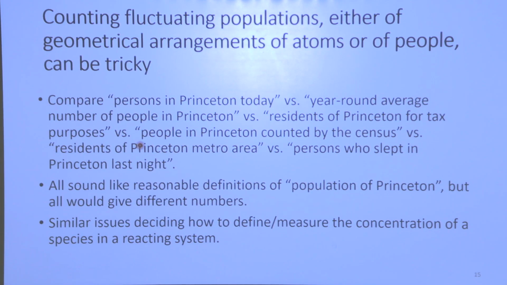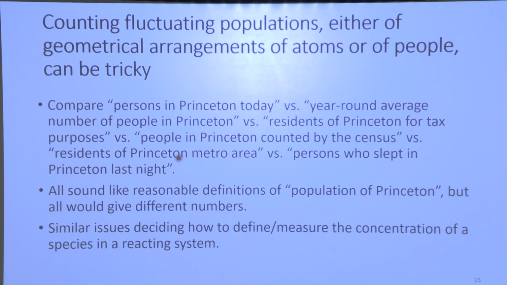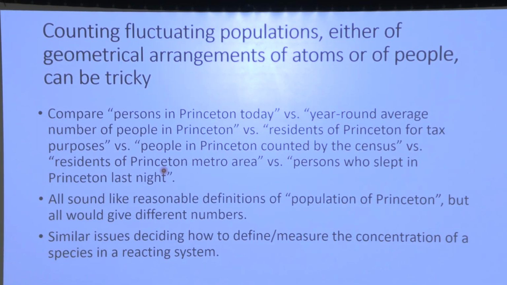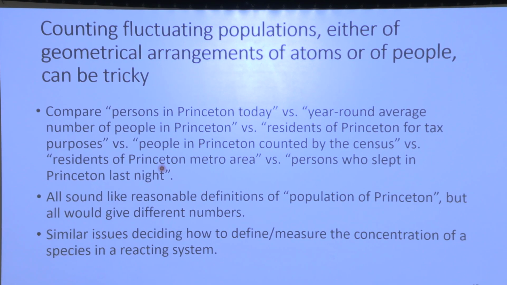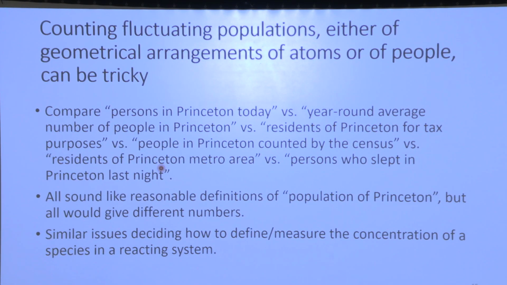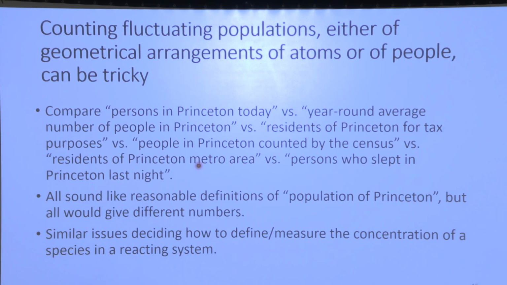Or the number of people in Princeton who are counted by the US Census? Or how many people are in the Princeton metro area? I might include Lawrenceville too, because it's really close to Princeton. I'd say, well, that's basically Princeton. Or people who slept in Princeton last night. That could also be different, right? And those would all be reasonable ways to define the number of people in Princeton.